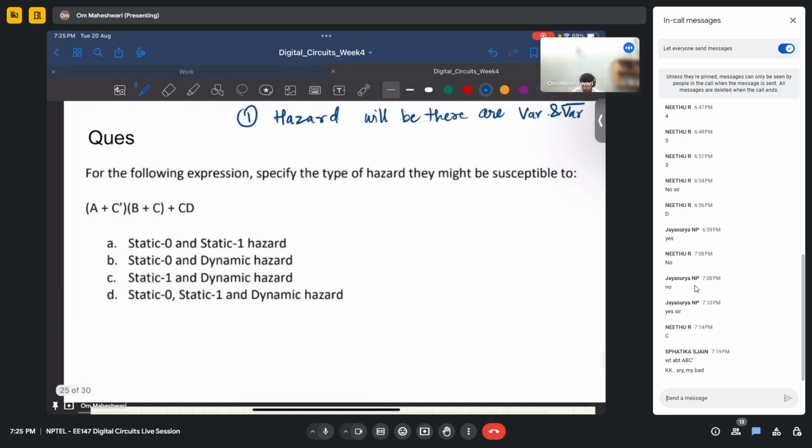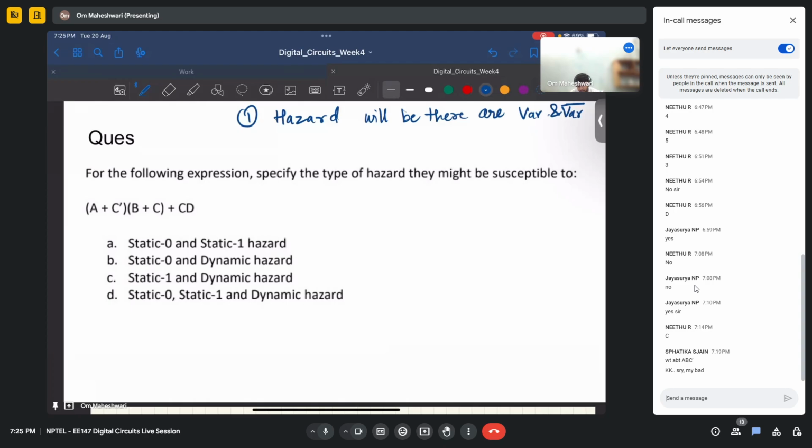So here in this expression, there is A, no A bar, there is B, no B bar, there is D, no D bar, but we have C bar and C. The C bar and C may cause a hazard.